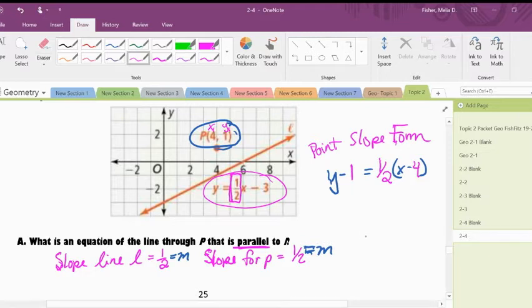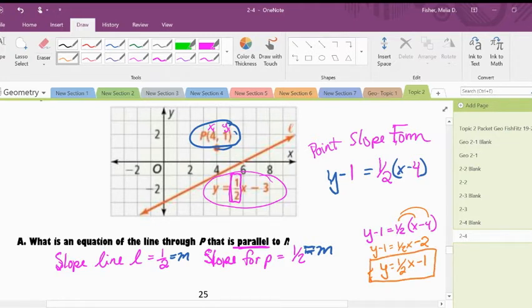Just so that those of you who would like a reminder can see how it would work, let's go ahead and use the distributive property here. y minus 1 equals 1/2 x, and then 1/2 times -4 is -2, and then I would add 1 to both sides of the equation, and I would have this as my answer. y equals 1/2 x minus 1.